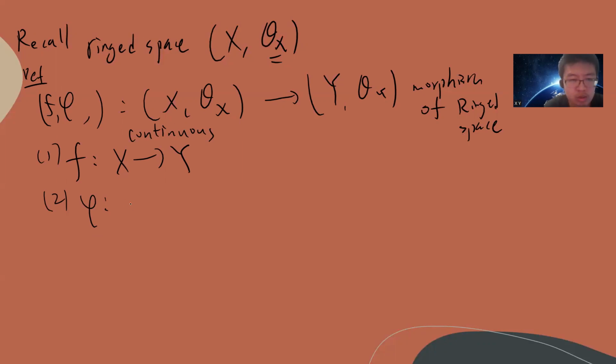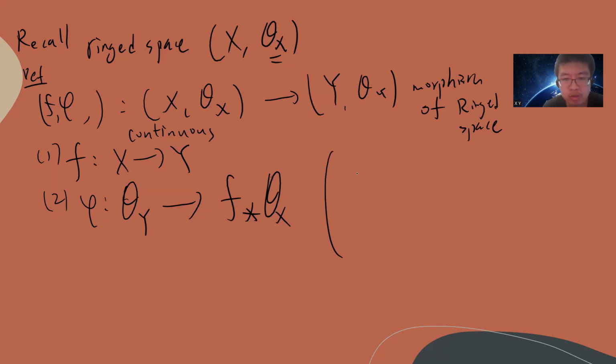So you have a sheaf morphism from O_Y to the direct image f_* O_X. The sheaf of image is basically the sheaf you push from X to Y. This definition is very simple.